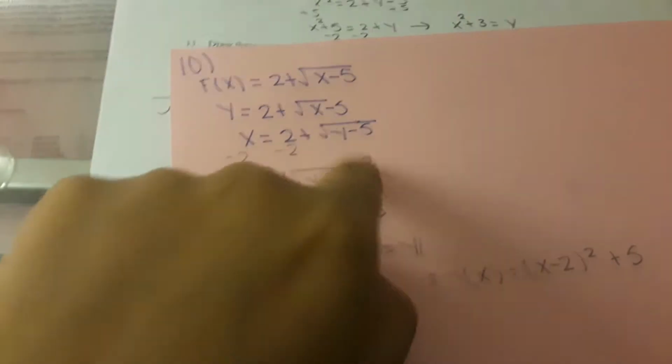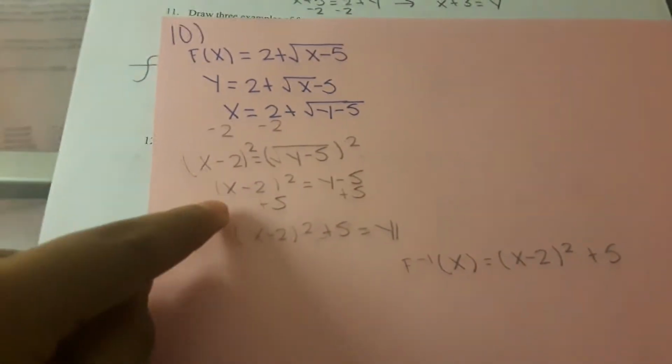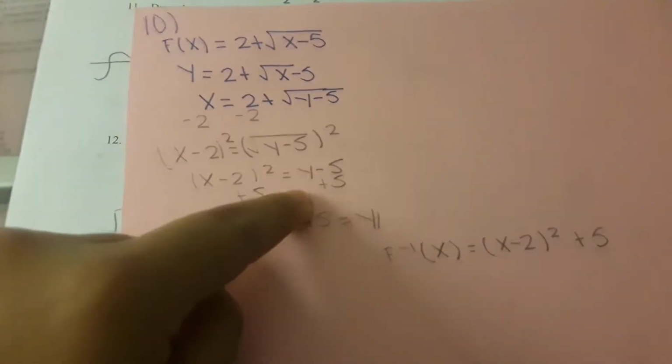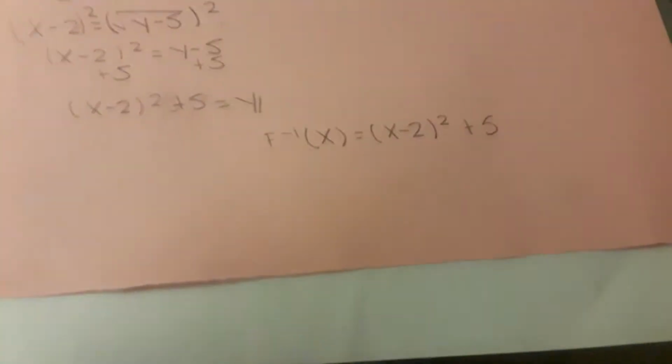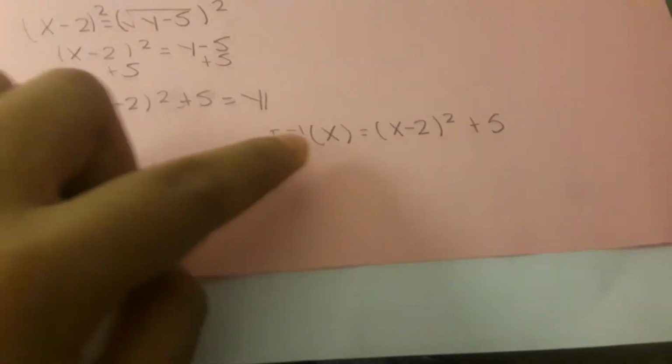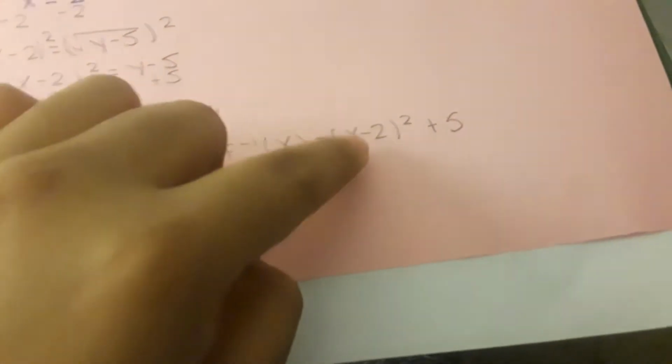So you're supposed to square both sides, because what you do on one side you have to do to the other. So x minus 2 squared equals y minus 5. And to leave y alone, you add 5 on both sides. Your final answer, which should have been f inverse of x, equals x minus 2 squared plus 5.